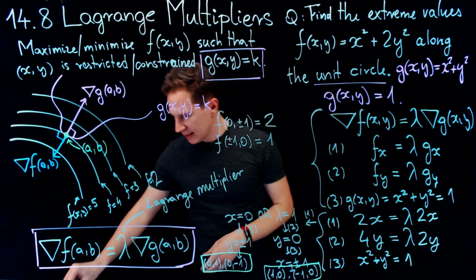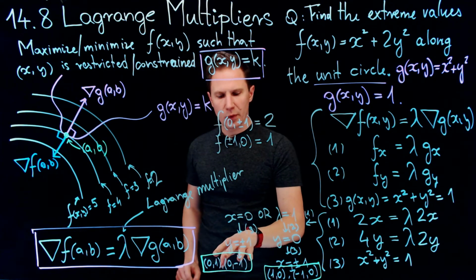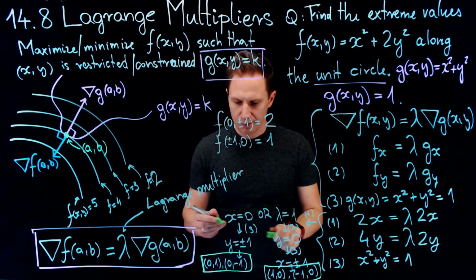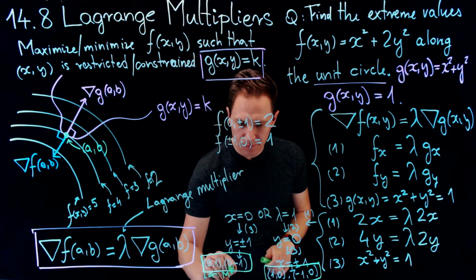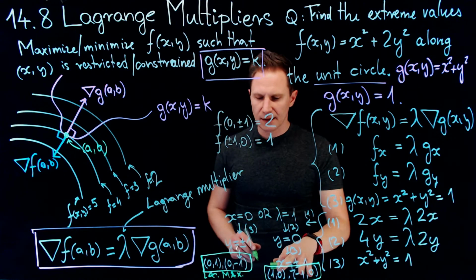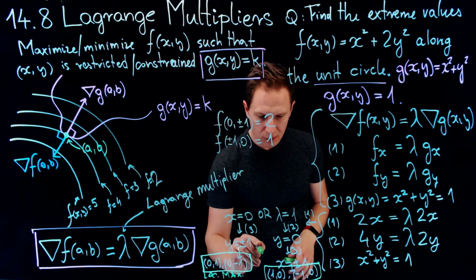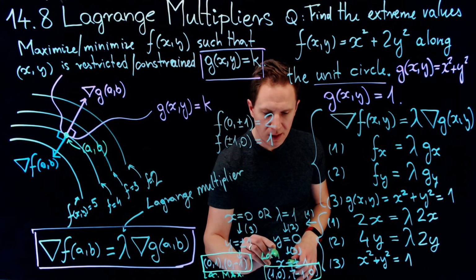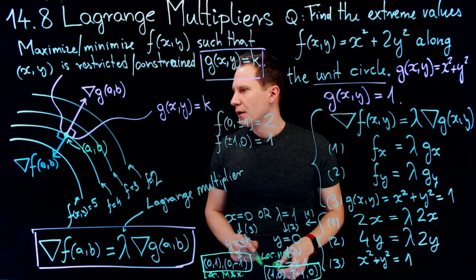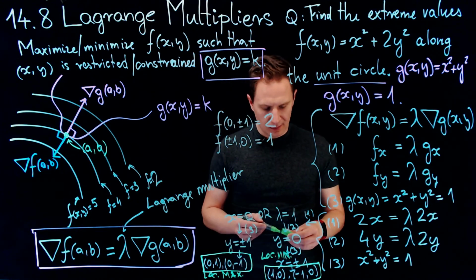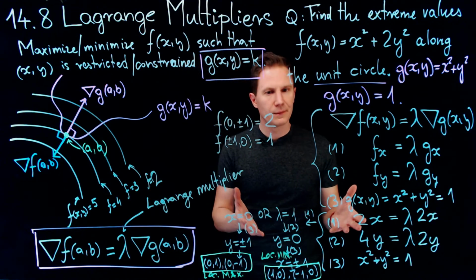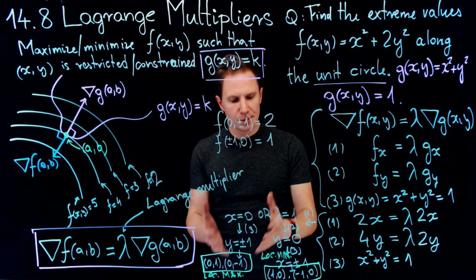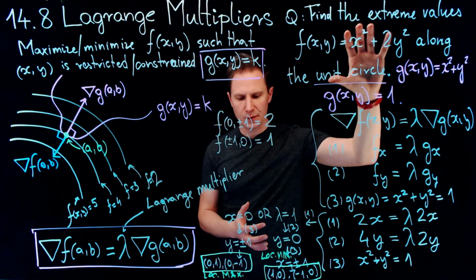So we see that these 2 points give us local maxima, and these 2 points give us local minima, such that they sit on the unit circle and maximize or minimize this function.